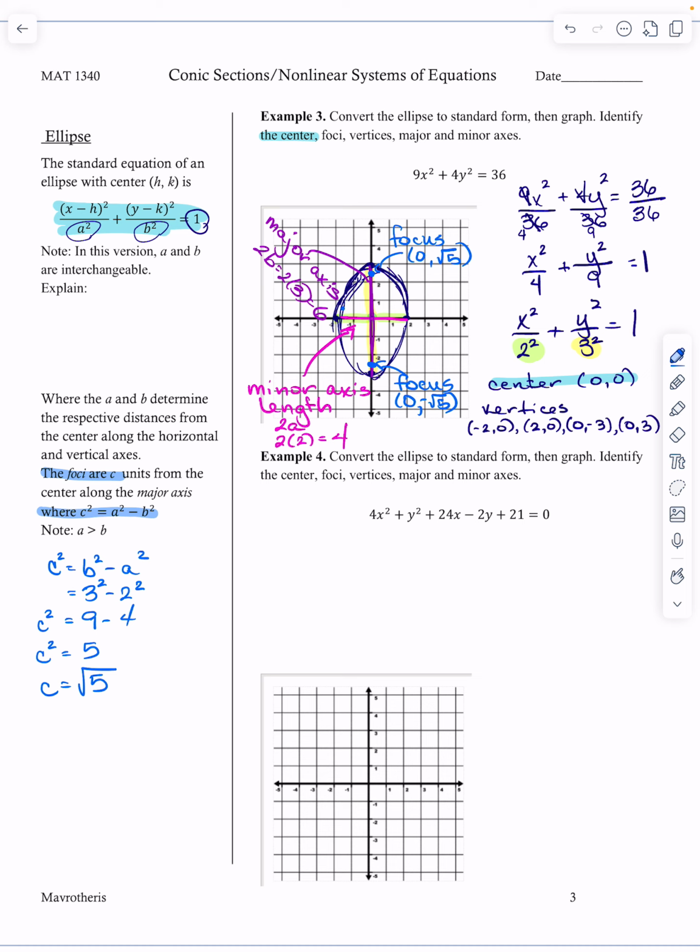If I were to pick a point on my ellipse, the distance between that point and each of the foci added together is going to be the same no matter what point we pick. Okay. So sometimes you'll be given a focus and a vertex, and you've got to figure out where the other vertices are. We're using this formula, c squared equals a squared minus b squared, or b squared minus a squared. Basically, it's the large denominator minus the small denominator.